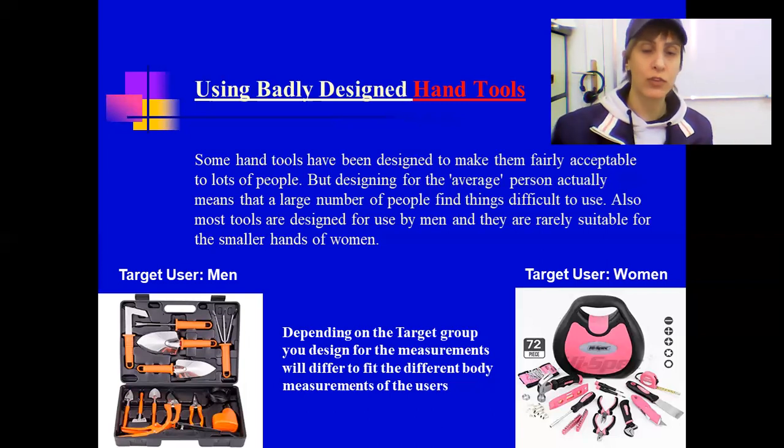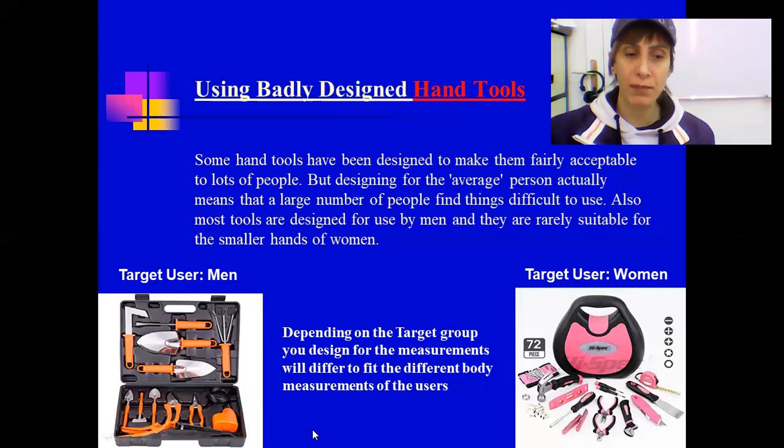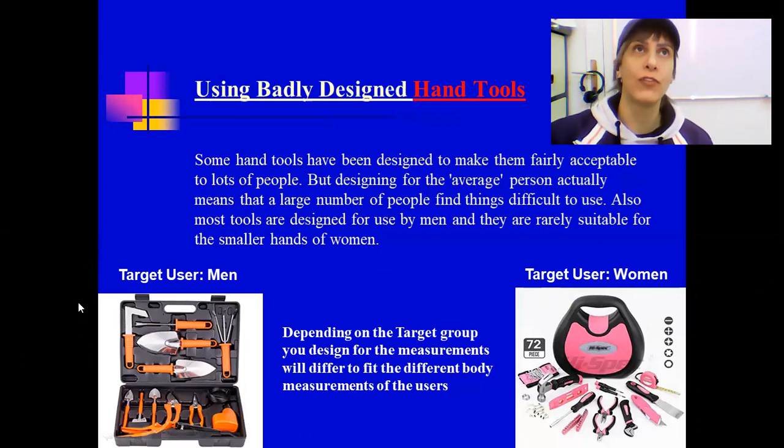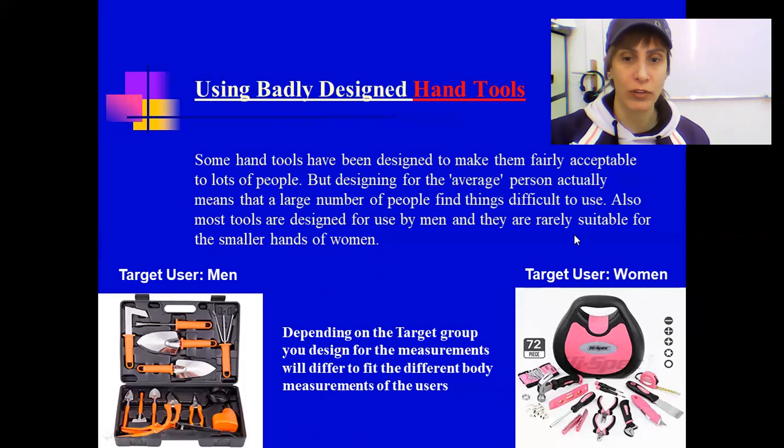And other details. So your target group of people that you're designing for, it's very important, okay, to decide which measurements you will use in your design to fit the needs of these particular body types, okay? So this is very important.